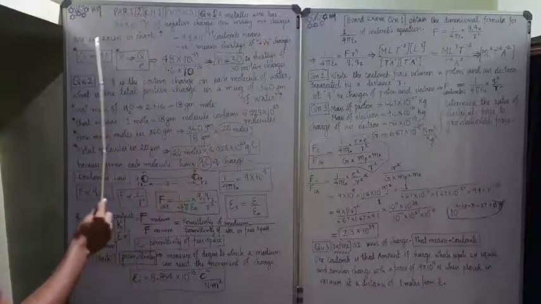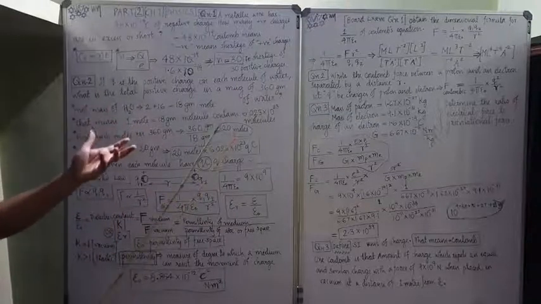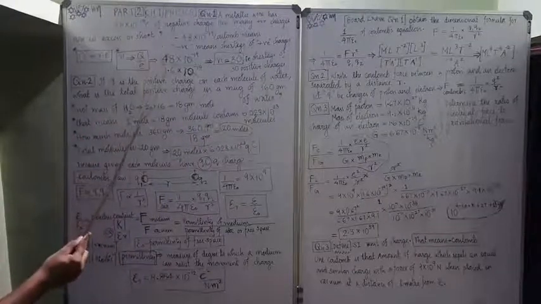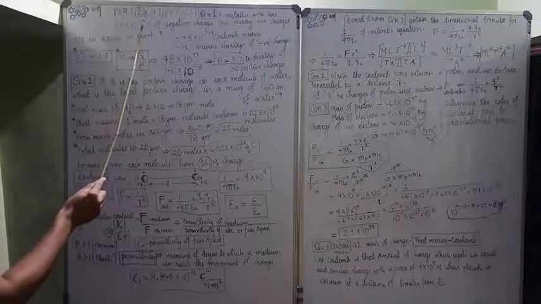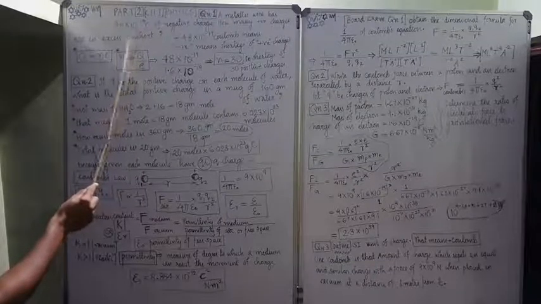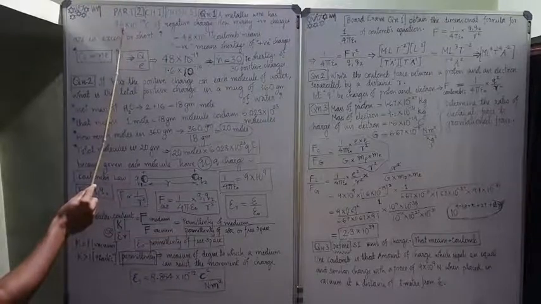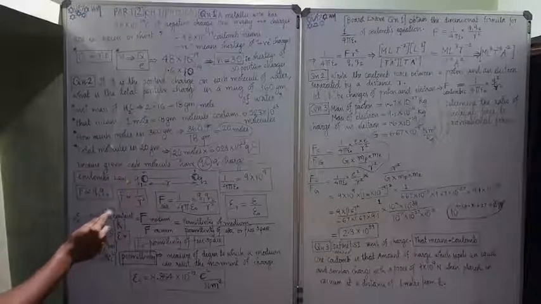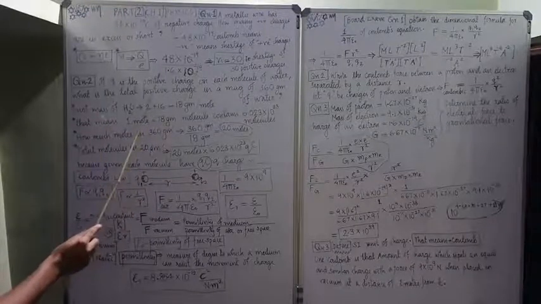First of all, we want to understand that this 10 raised to minus 19 coulomb is the range of a basic electronic charge. Now, how many times greater is it? It is 1.6 into 30 times, so it is 30 times the basic electronic charge.